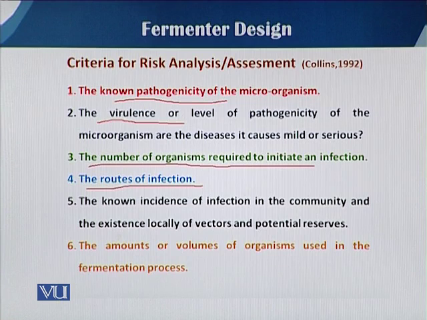The fifth criterion is the known incidence of that infection in the community. In the area where we run the fermentation process, has any case of such disease already been reported? A clear example from Pakistan: if we go back 10 years, we had no reported case of dengue.